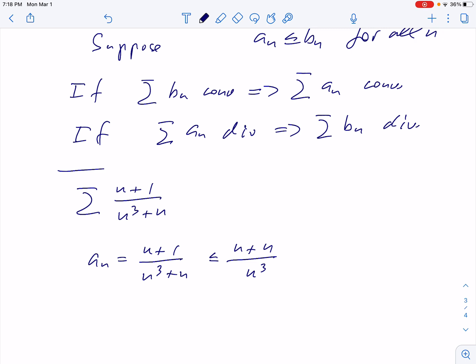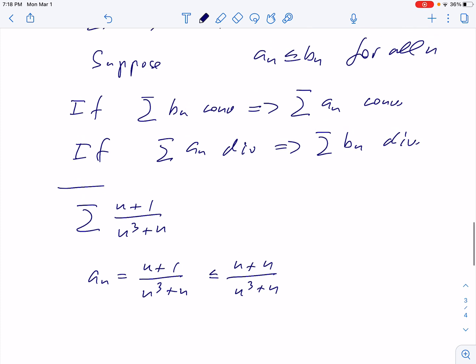Even let me make it in 2 steps to make it absolutely clear. So first we increase the numerator, we have this obvious inequality, and then I shall keep the numerator, this will be 2n now, and decrease the denominator, just dropping this n, and it will be n cubed.